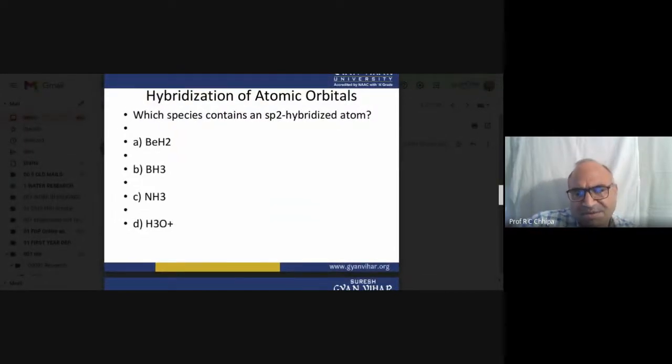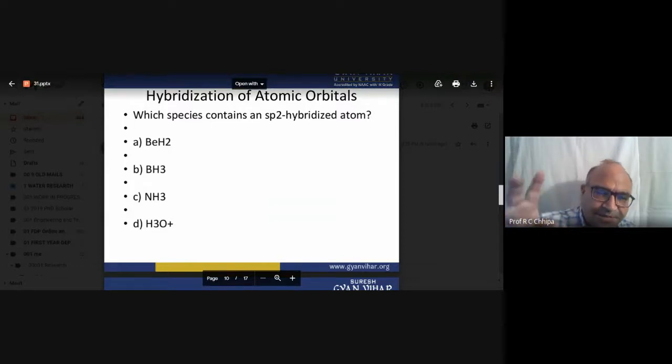Here let's look at the periodic table, and sp2 hybridization as we have earlier discussed. sp hybridization is that in which one s and one p atomic orbital undergo mixing, and here we want sp2 hybridization, where one s and two p atomic orbitals mix. Option A is beryllium hydride.